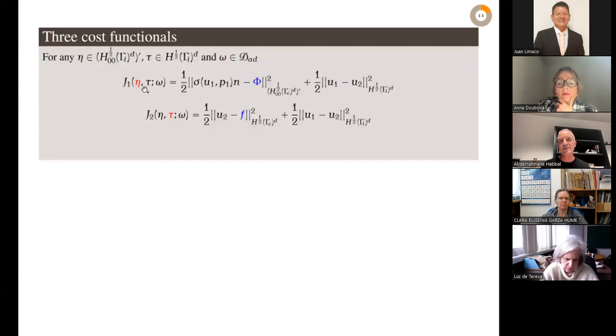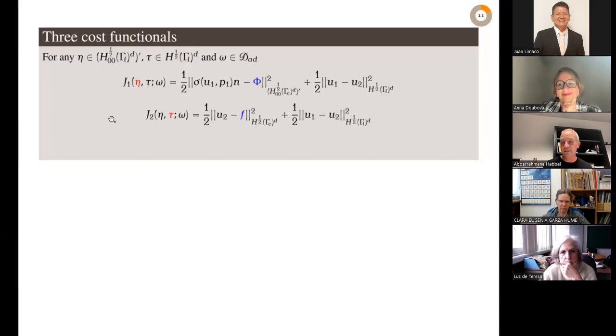If I consider here only G1 and G2, if I sum G1 and G2, I get a function that I could control with respect to eta and tau, and which involves the gap with respect to the Neumann boundary condition on gamma C, the gap with respect to the Dirichlet boundary condition, and some regularizing term. And then the optimal control problem would be to minimize G1 plus G2 with respect to the couple eta and tau.